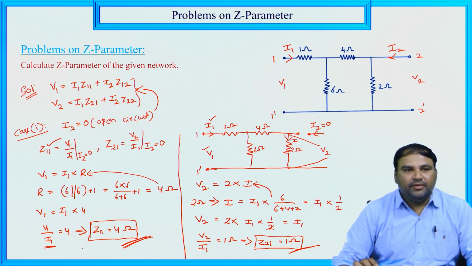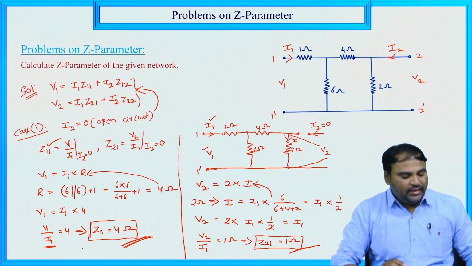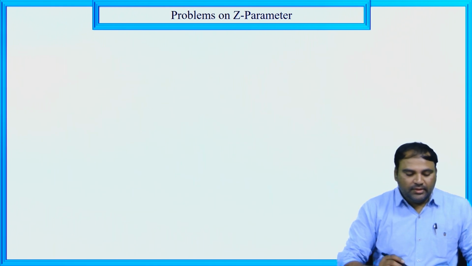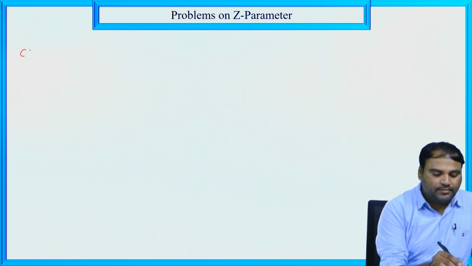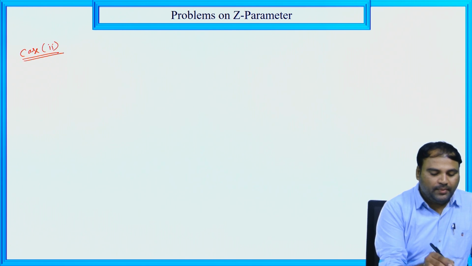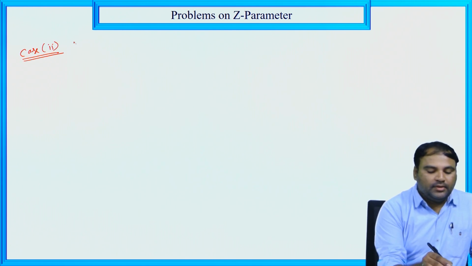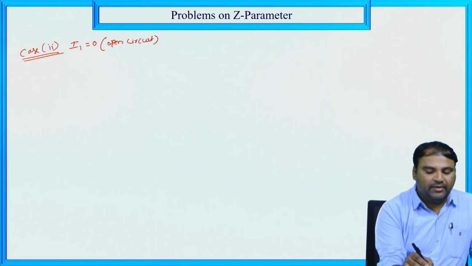Similarly, we have to calculate the remaining two parameters. For that we have to open circuit the primary current. So in case 2, I1 equal to 0. I1 equal to 0 means we have to open circuit the I1 value.